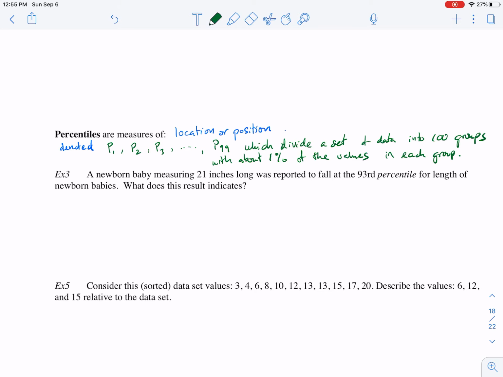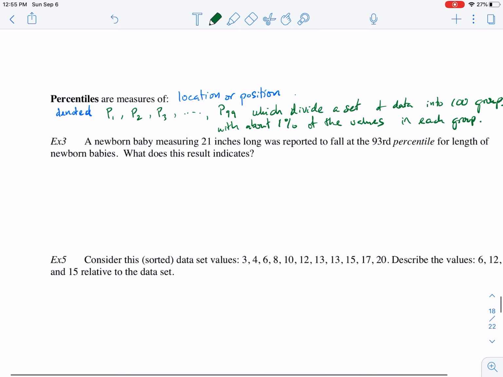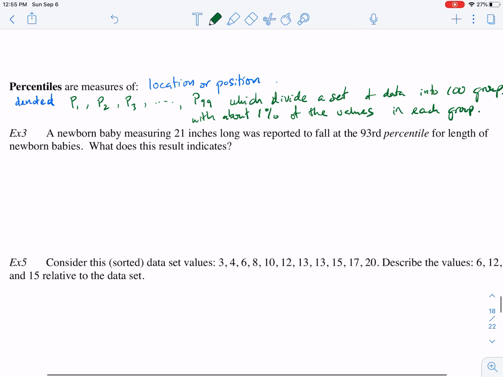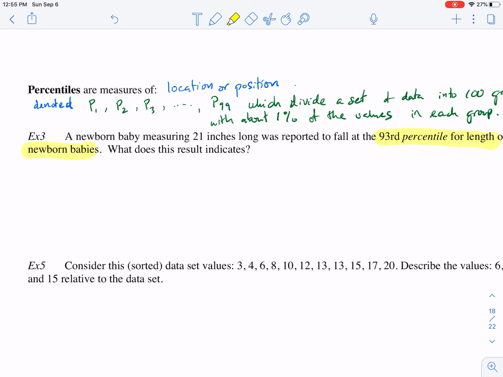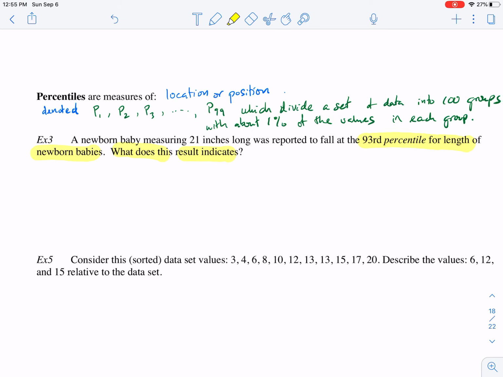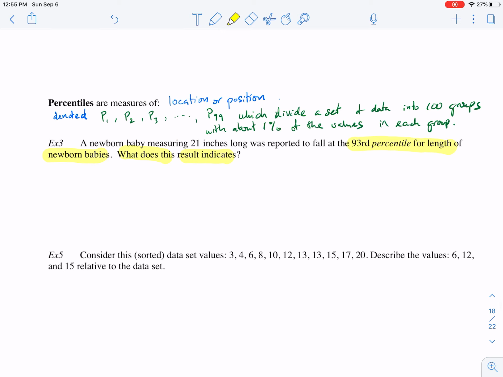All right, so let's look at an example. When we hear percentile, suppose a newborn baby measuring 21 inches long was reported to fall at the 93rd percentile for length of all newborn babies. What does this result indicate? Imagine all the newborn babies. Look at that data set. Each baby measures a certain number of inches long, and we're looking at the entire data set.